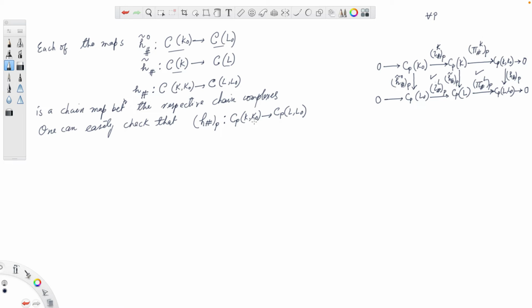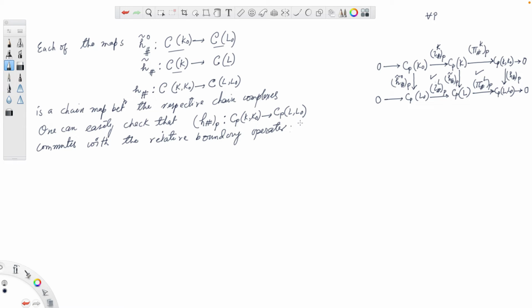Okay, so this is a group homomorphism, and this homomorphism commutes with the relative boundary operator. It can be checked easily.